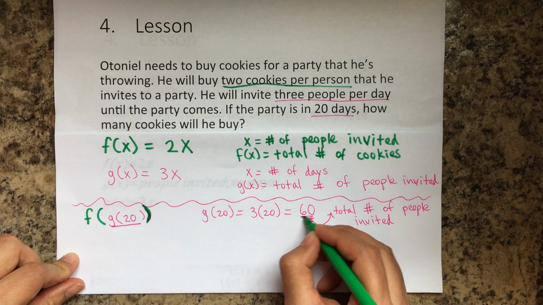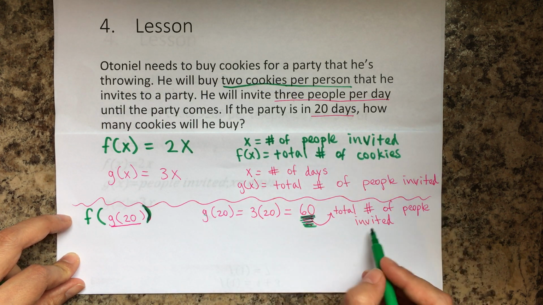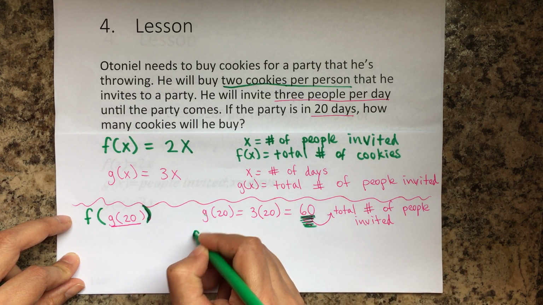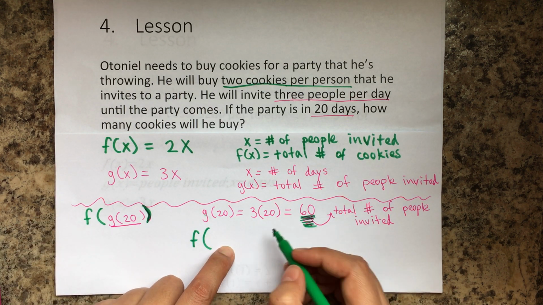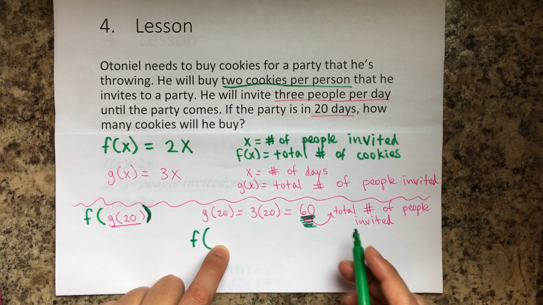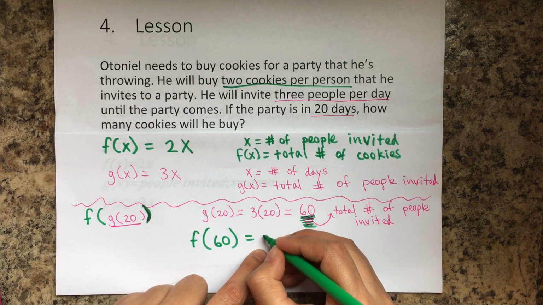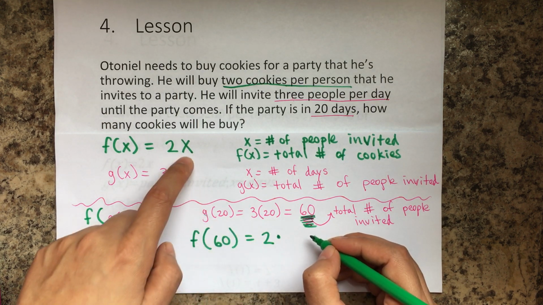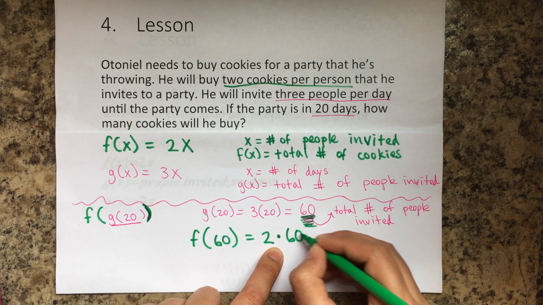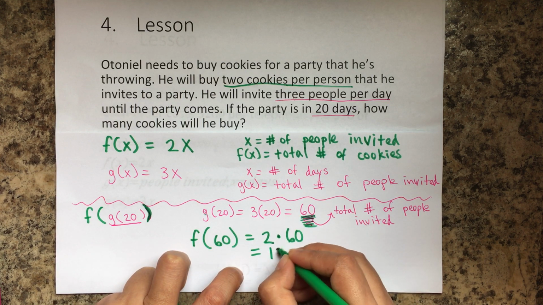So now I can replace this, right? The total number of people invited goes into my f of x. I know that x, which is the number of people invited, is 60, so it will give me 2 times 60, and 2 times 60 is 120.